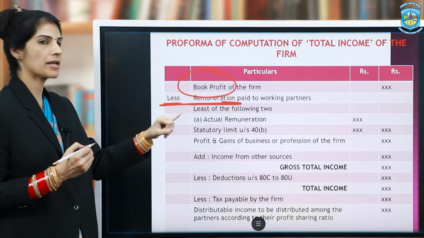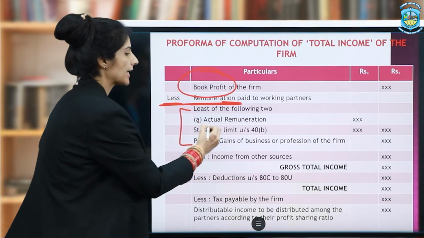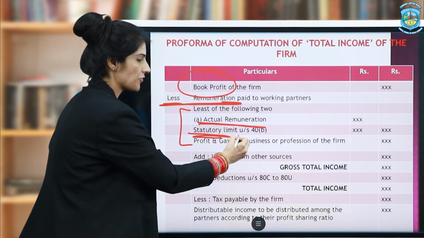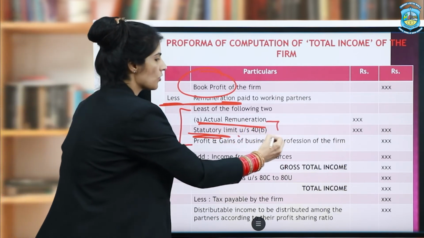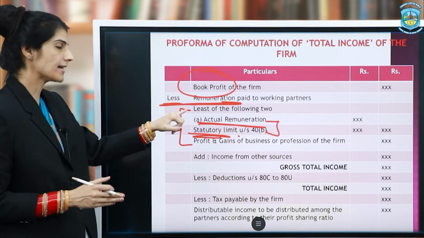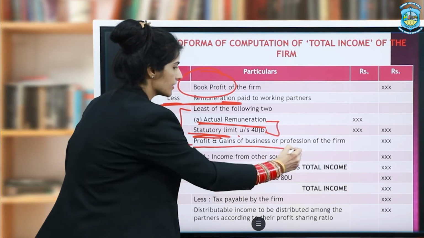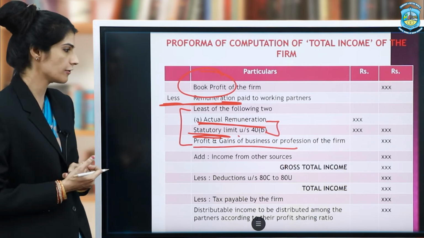So for remuneration, we are going to subtract the least of the following, that is, either we take the actual remuneration or we take the statutory remuneration as per section 40B. Out of these 2 amounts, whichever is the least, that amount I am going to subtract for remuneration. Then I'll get my answer for profits and gains of business and profession of that particular partnership firm.